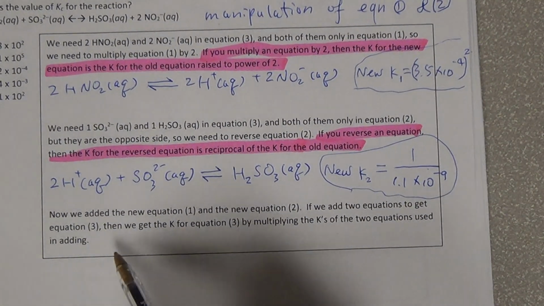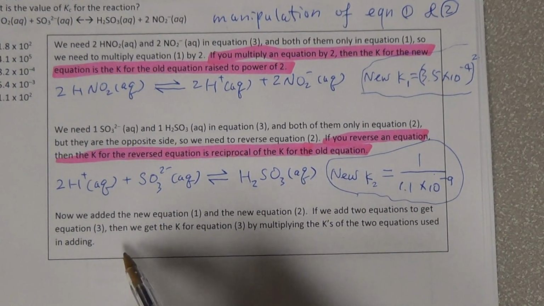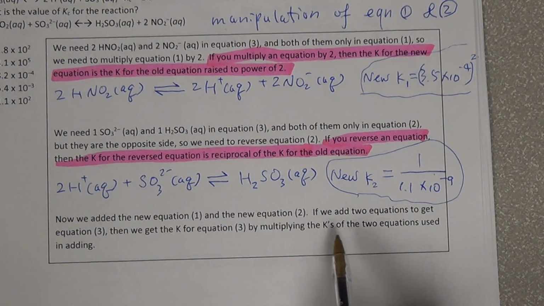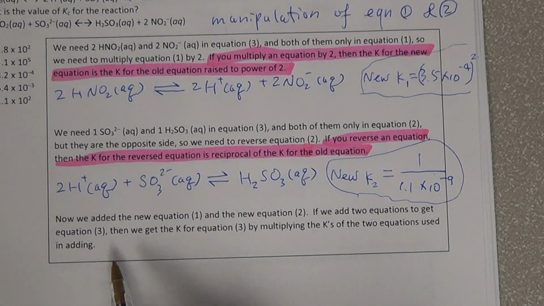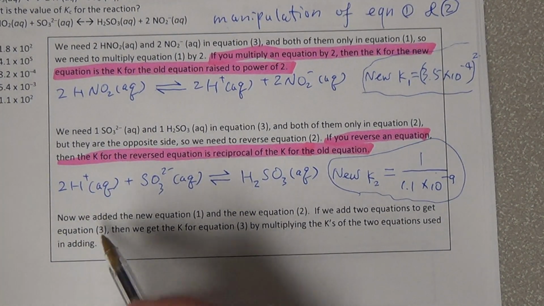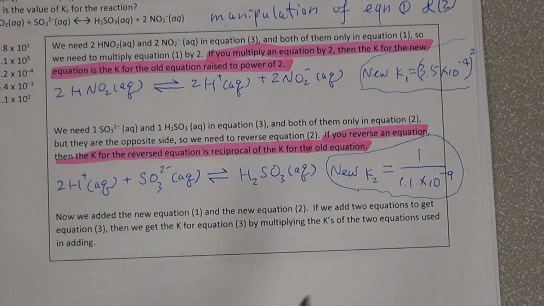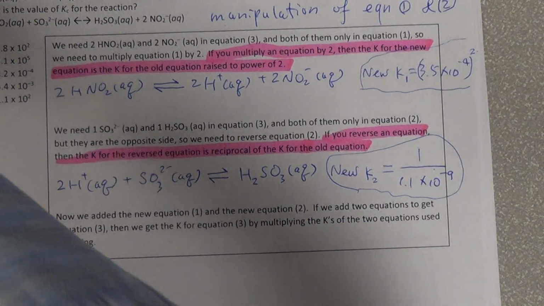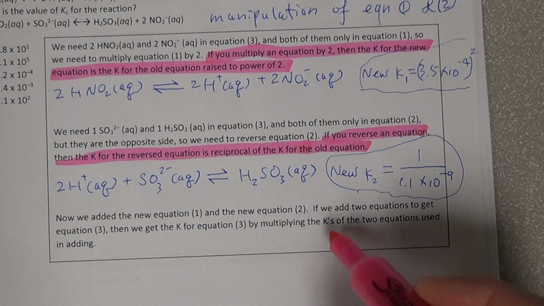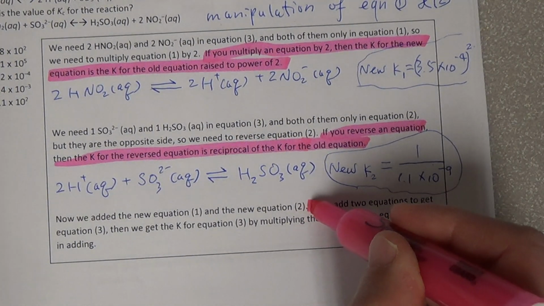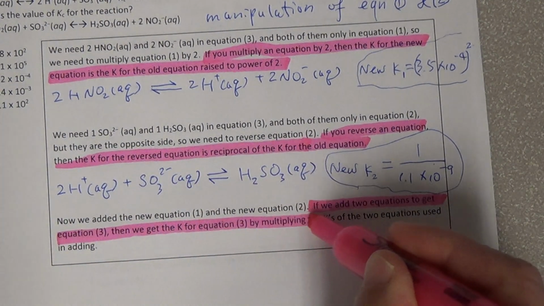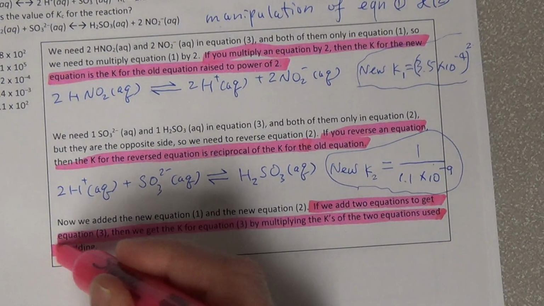Now, another manipulation is adding two equations. So now we have this new equation 1 and new equation 2. If we can show that by adding these two new equations, we get equation 3, then there will be another rule: the K for equation 3 will be found by multiplying the K of the equations you used in the adding.